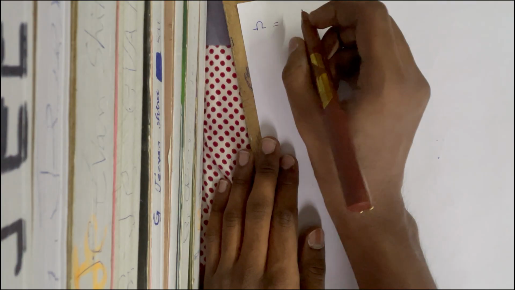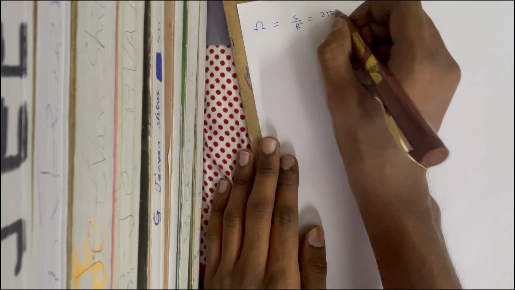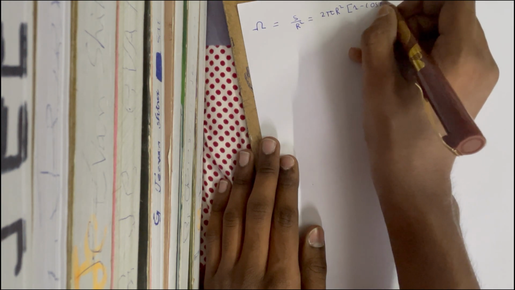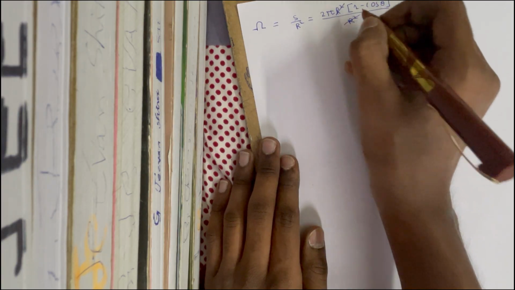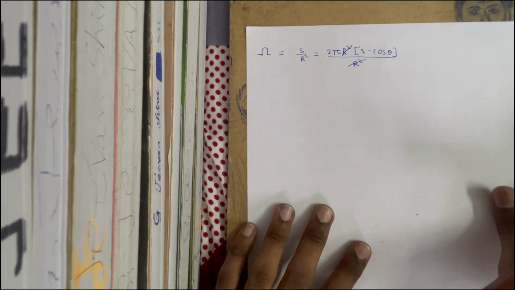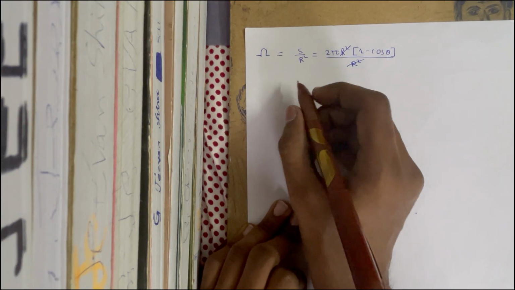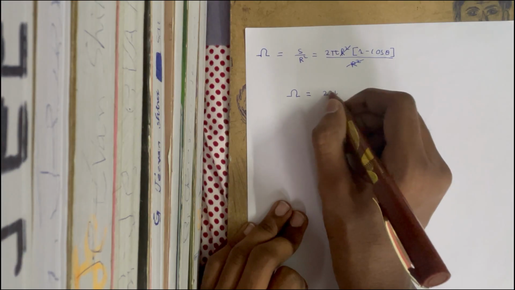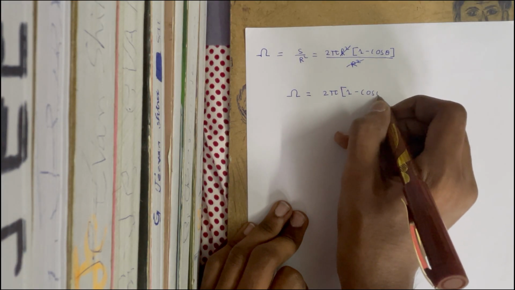So solid angle equals s by r square, which is 2 pi r square of 1 minus cos theta divided by r square. We can cancel out the r square terms, and solid angle will be 2 pi of 1 minus cos theta.